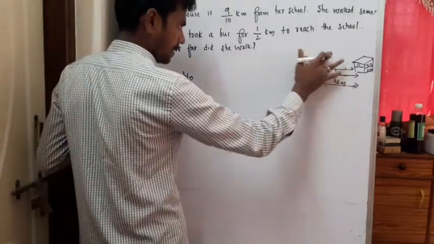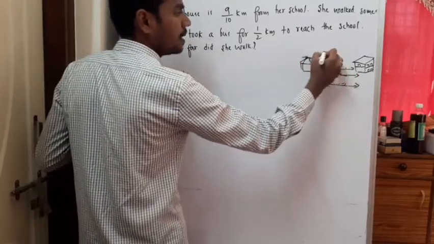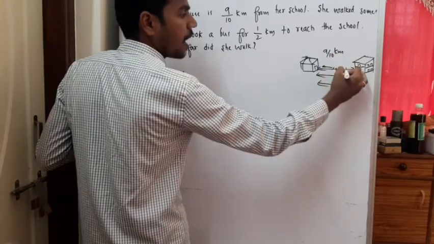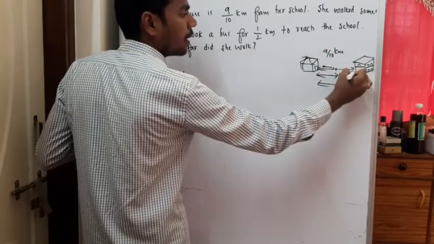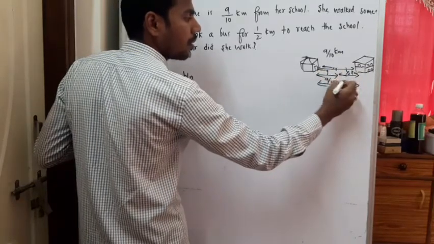So total distance is 9 by 10 kilometer. The distance she traveled by auto is 1 by 2 kilometer. Then this is 9 by 10 minus 1 by 2.